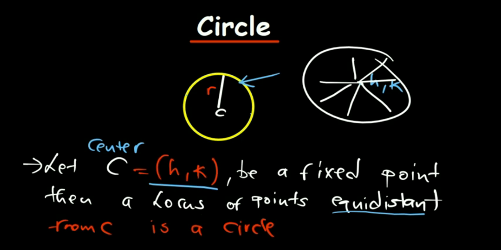Okay, let me help you try to remember. The first thing to do is just draw a circle. Let me just draw something that is not perfect. One thing that you know is let the center be h comma k, and you just remember to say that point should be a fixed point.